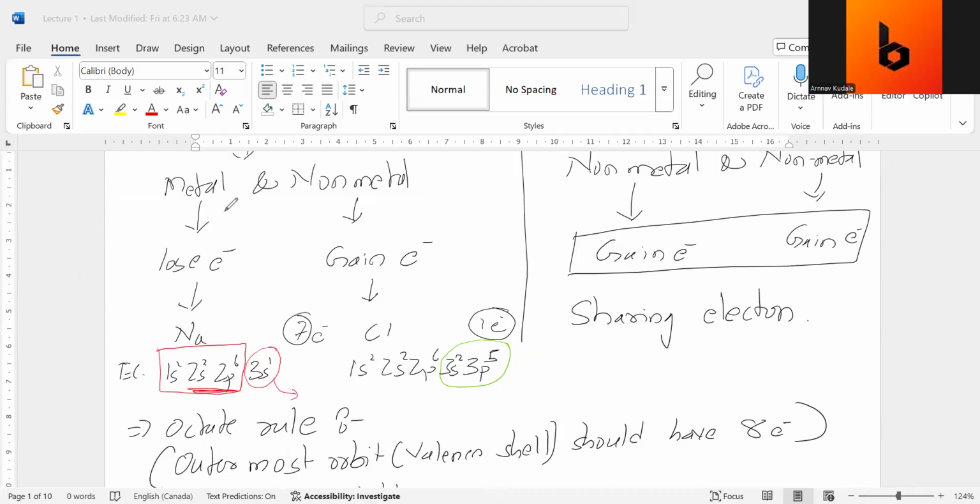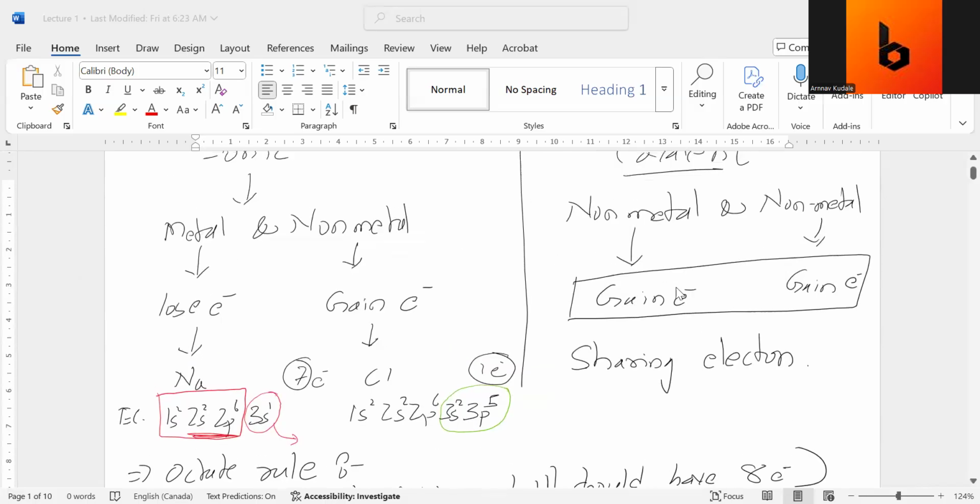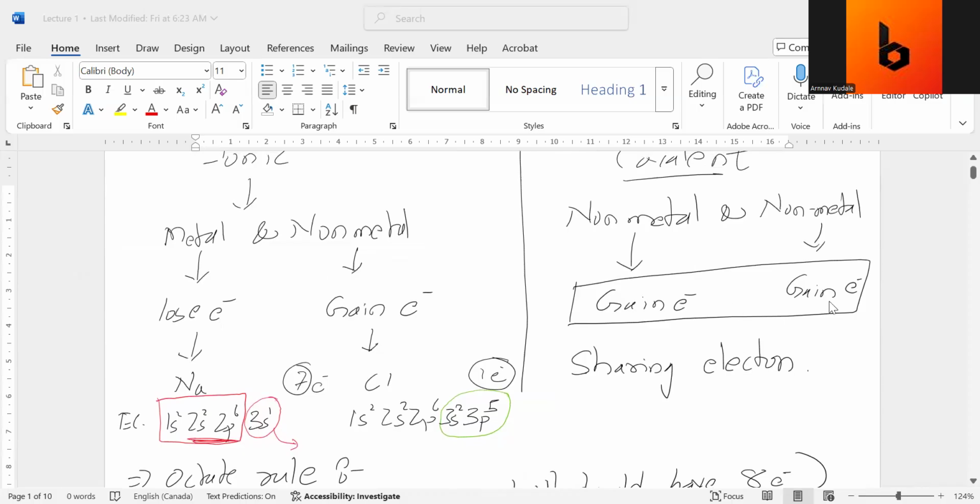Good. On the other hand, if you have non-metals, both the non-metals are interested in gaining electrons because generally non-metals have more than 5 electrons in them. Let us take the example of chlorine again, because we know it is 2, 8, 7.